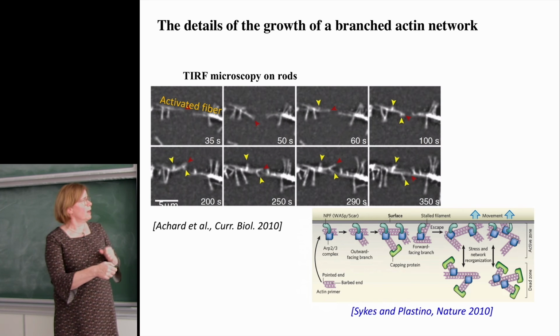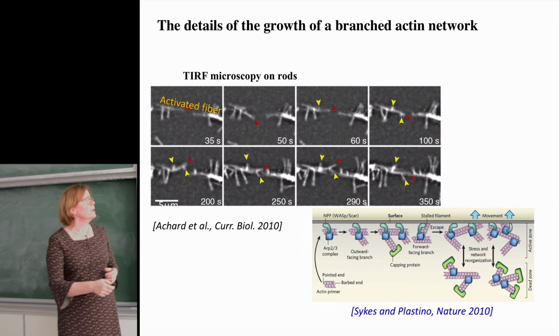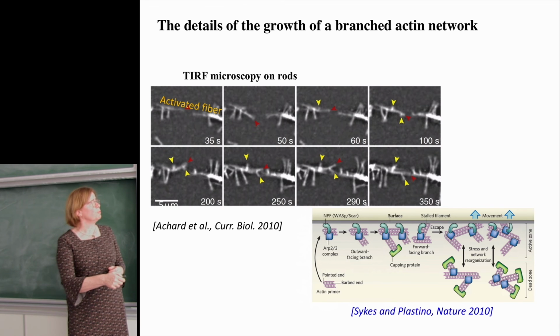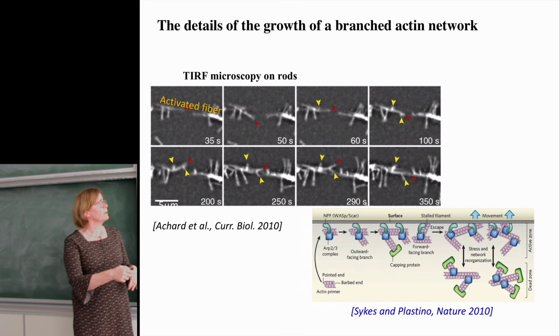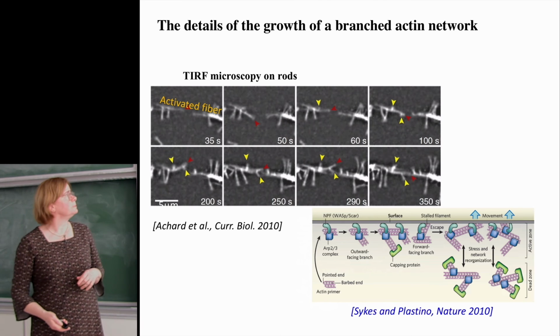And then you have a branch that forms that can be capped by capping proteins, so that at the end you have a network that grows by branching on an active zone, and you have a dead zone where everything is frozen because these branches cannot interact with the surface and cannot continue to polymerize.